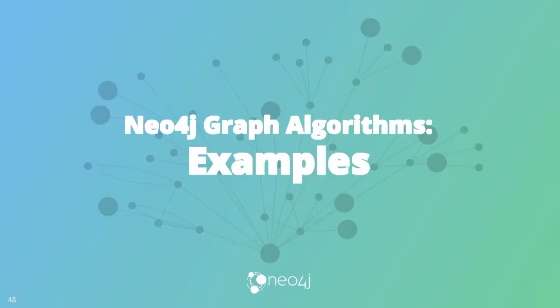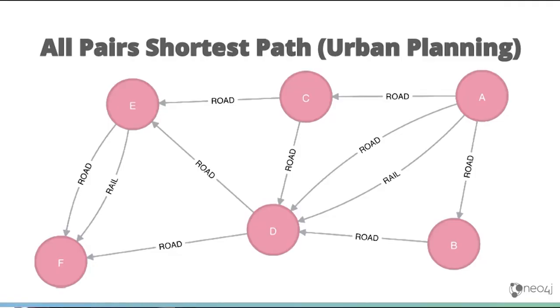So let's do some simple ones here. This first one is all pairs shortest path. How do we figure out all of the shortest paths between each pair of nodes? This might be used in urban planning to figure out the ways to get from A to B across the whole city and what might be on those paths.